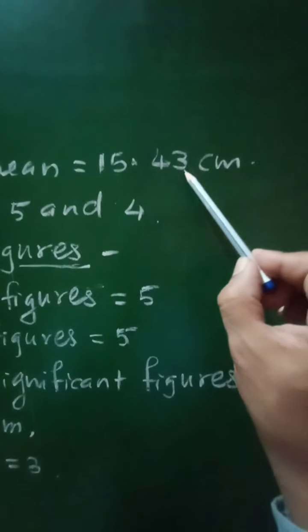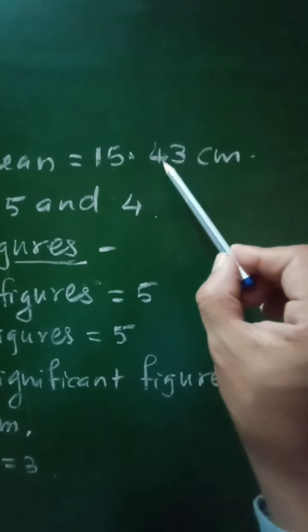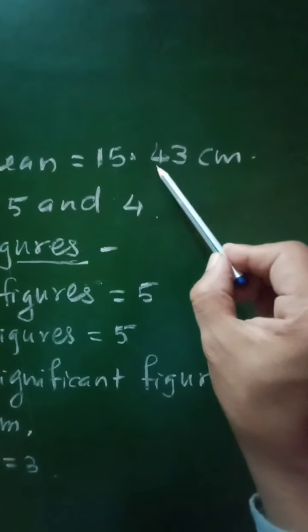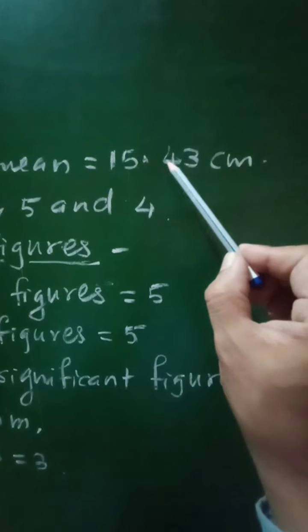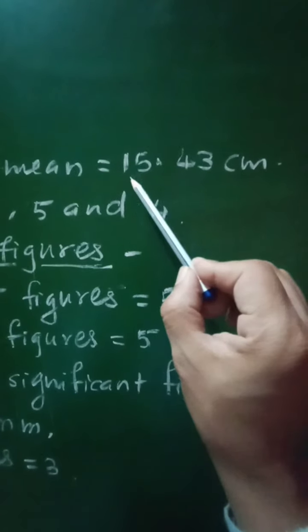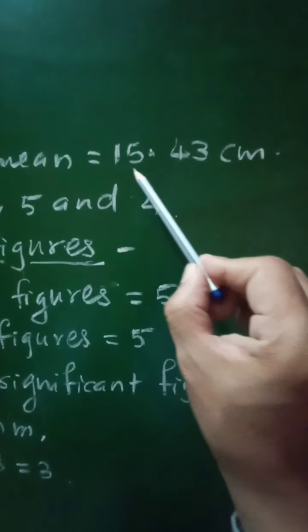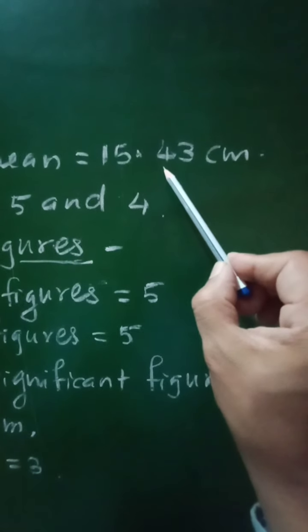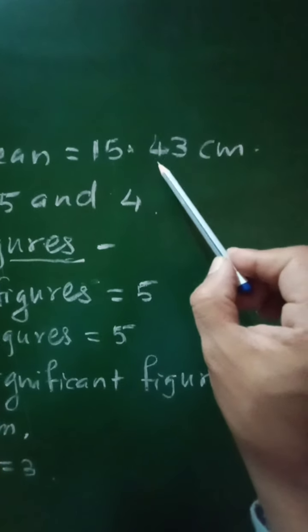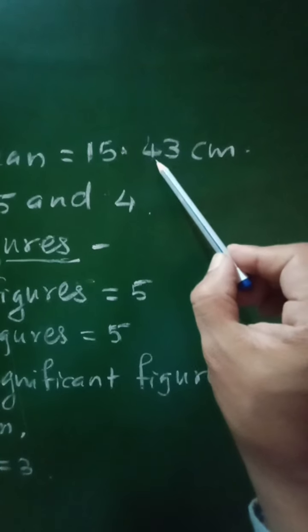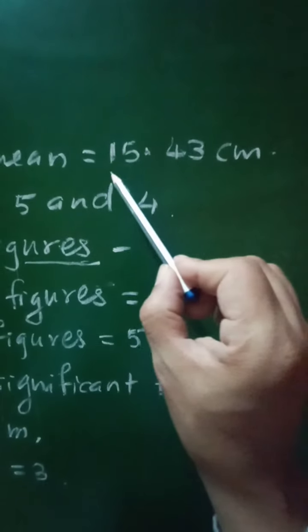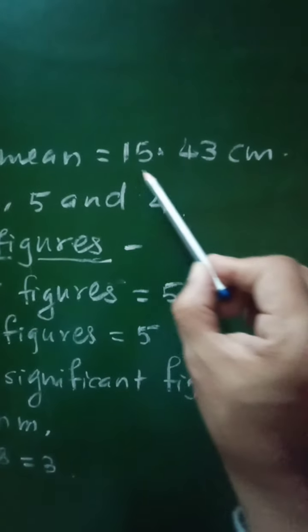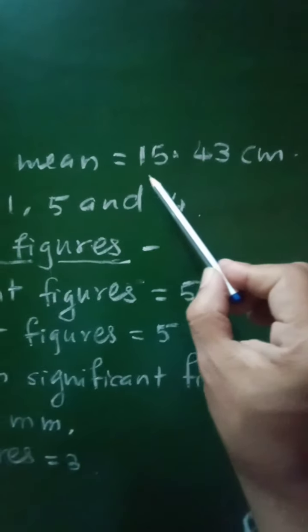Now the first uncertain digit is 4, and therefore in order to find the significant figures we consider all the certain digits, that is 1 and 5, and then the first digit which is not certain, which is 4. Therefore for this measurement of the length of the metallic rod the significant figures come out to be 3.